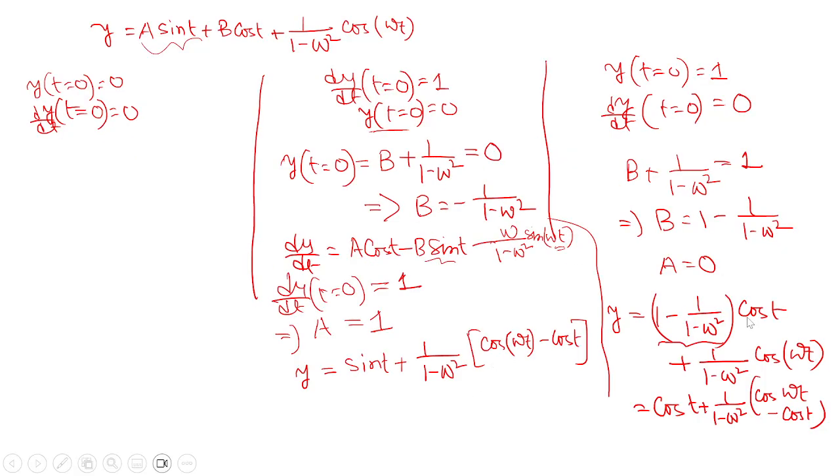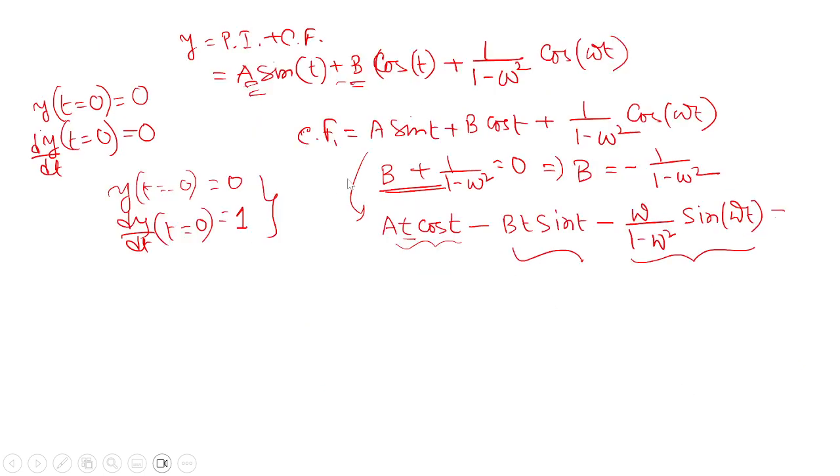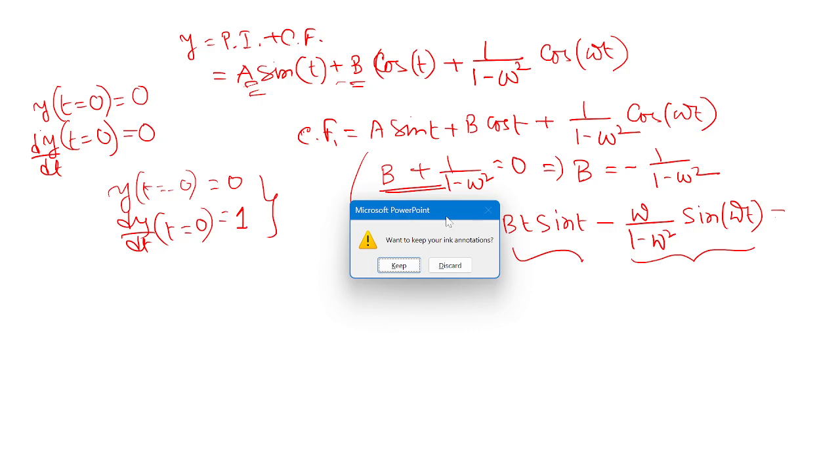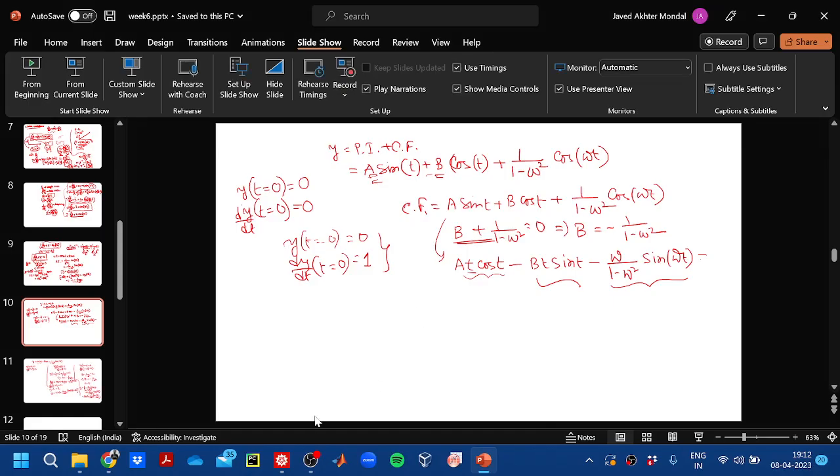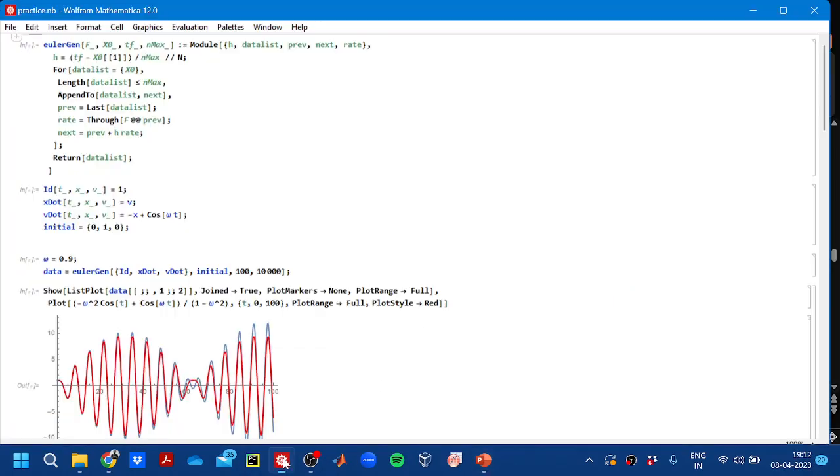So this is our exact solution, and we can solve this by doing numerical integration methods using RK2 or Euler and so on. For that, we have already discussed how to solve this equation. There are codes available.